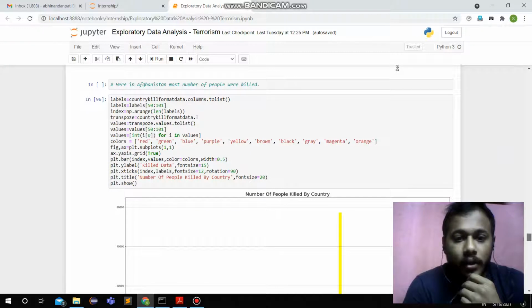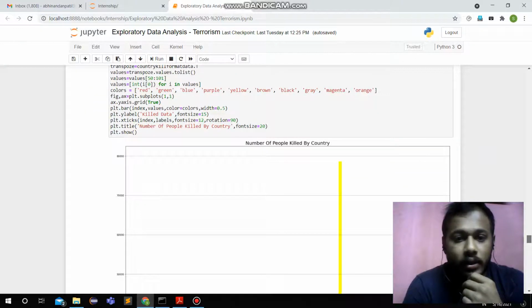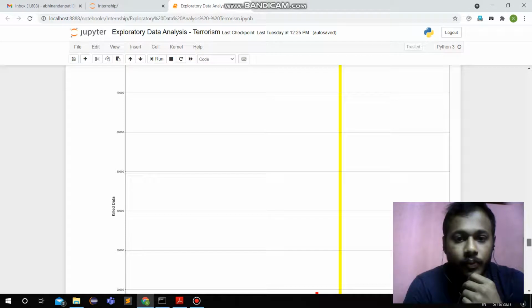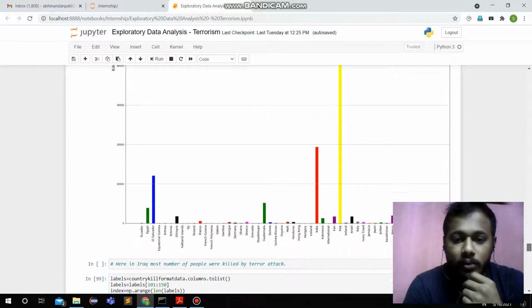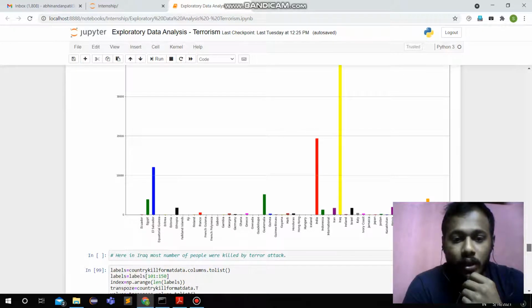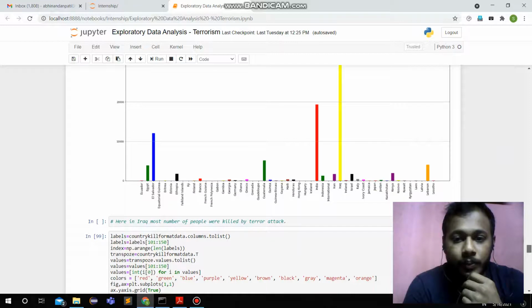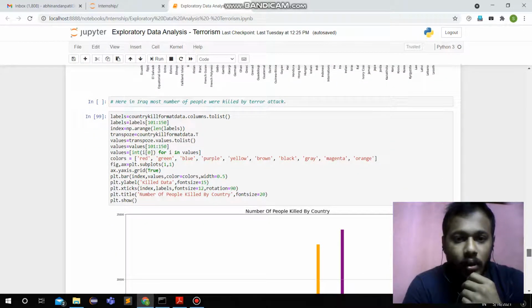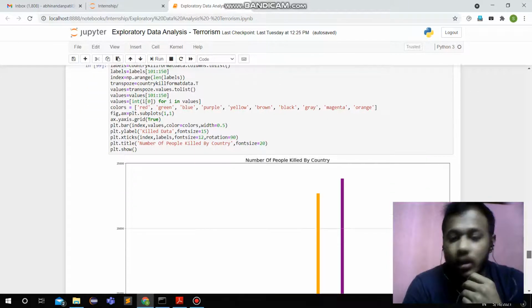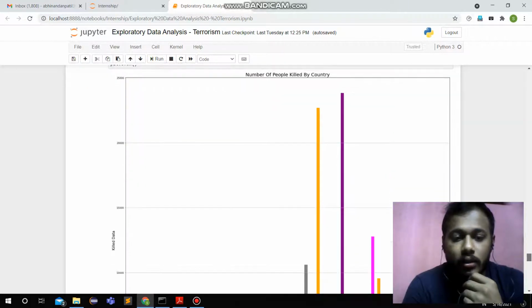After that, I made the count plot for the next 50 countries. Here is the count plot. From this plot, it is clear that Iraq has the most people killed in terror attacks. After that, I made the count plot for another 50 countries.